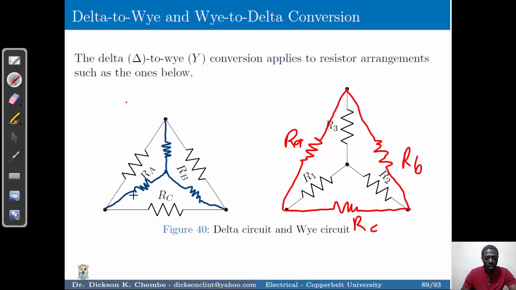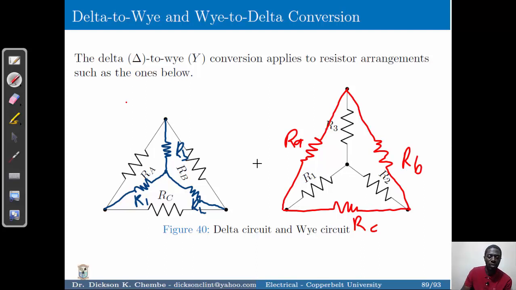So this is your R1, for instance, and this is your R2, this is your R3. It depends on how you're sorting out the resistances. My numbering has got nothing to do with anything. I'm just trying to ensure that my numbering matches the numbering on the other side.